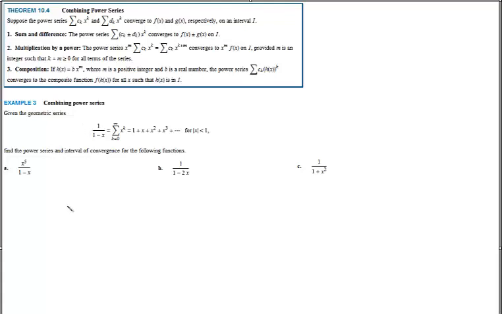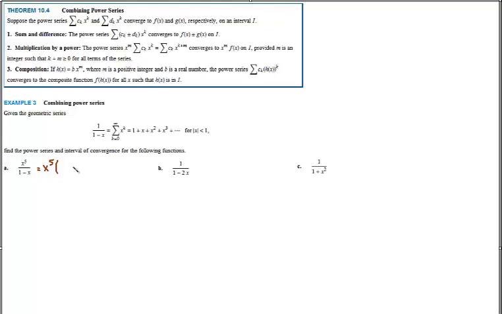So I can see that this could be rewritten as x to the 5th times all of my series that's sitting out there.